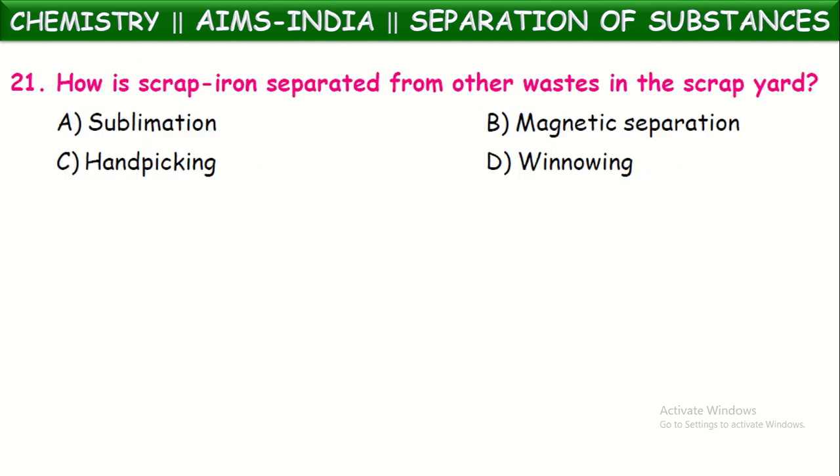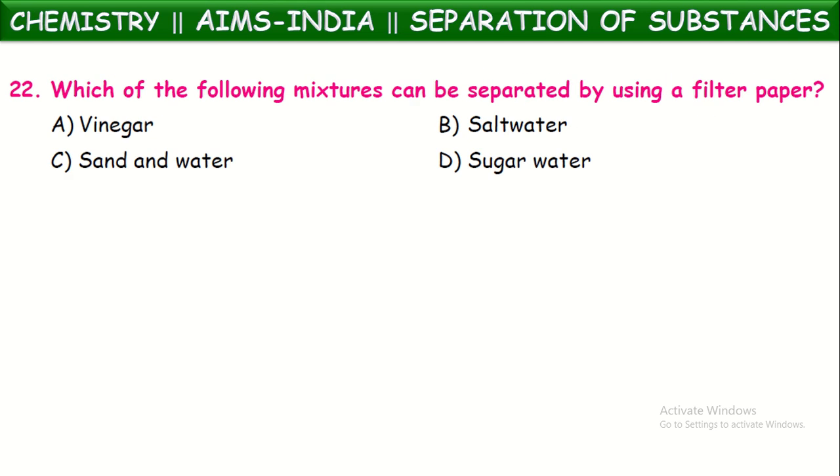Okay, next. How is scrap iron separated from other wastes in a scrapyard? In a scrapyard, there might be iron scrap along with other non-magnetic substances. So this iron scrap can be separated from that mixture by using a powerful magnet. The technique we call magnetic separation. Next one.